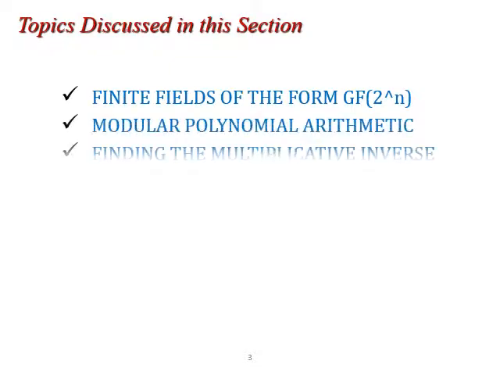The topics we are going to discuss under this lecture are the finite fields of the form Galois field 2 to the power of n, modular polynomial arithmetic, finding the multiplicative inverse. These are the contents we are going to discuss today.